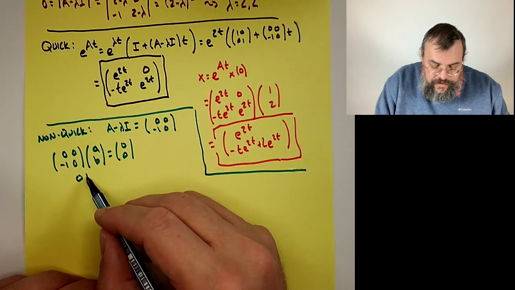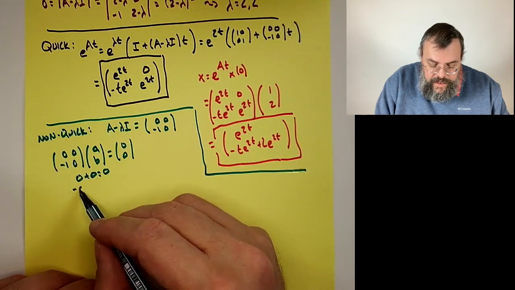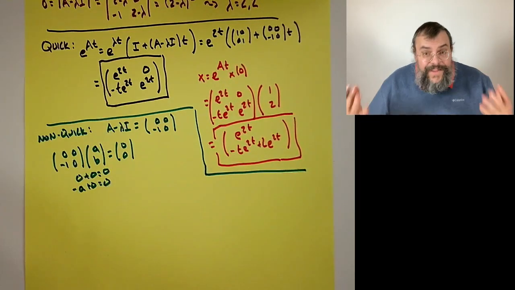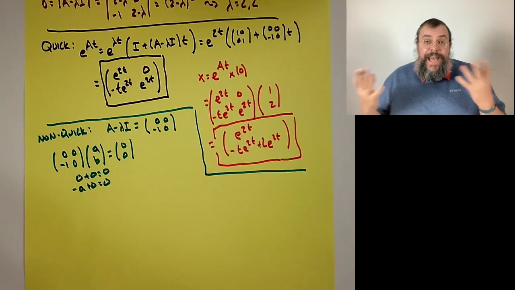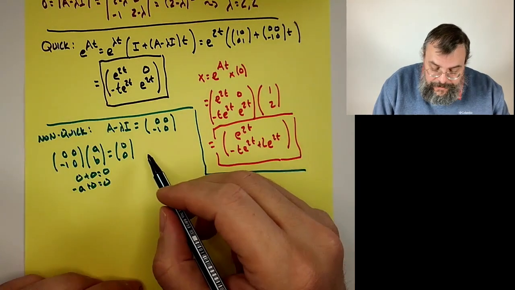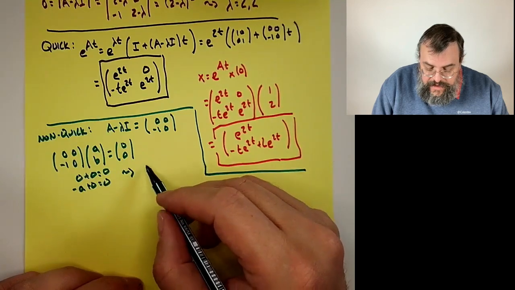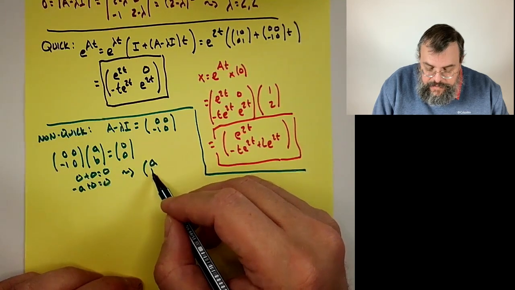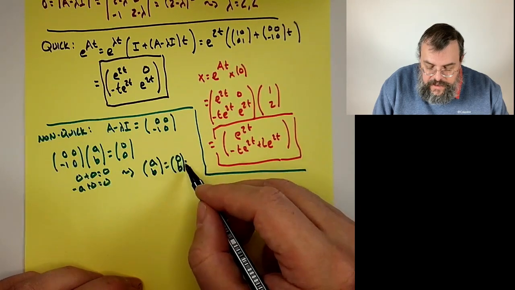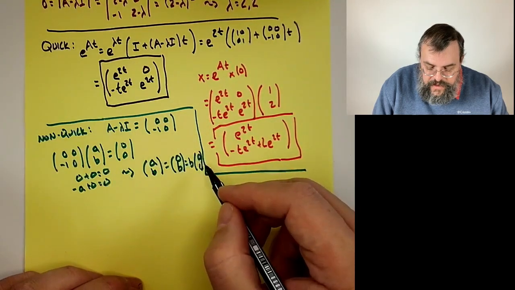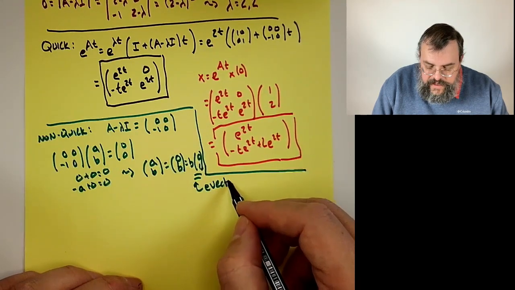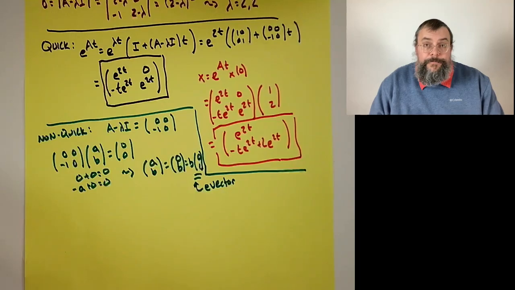The first equation tells us nothing. The second equation tells us that a has to be 0. So our solution a, b looks like 0, b, or if you like, b times 0, 1. So here's our eigenvector: 0, 1.